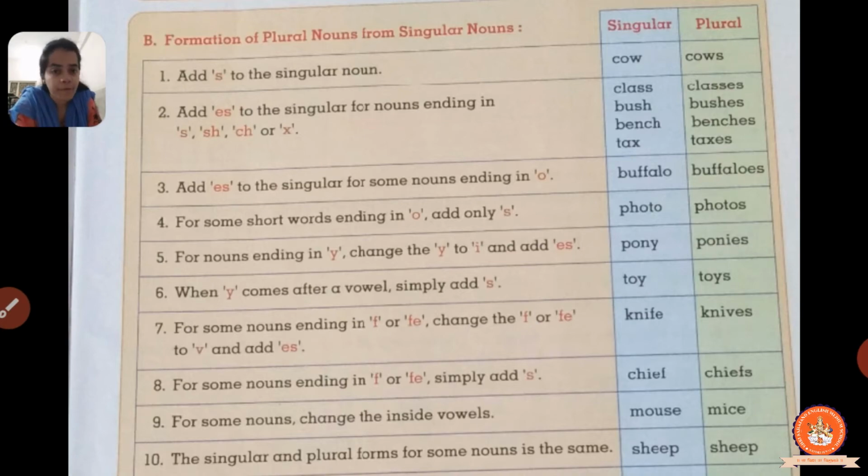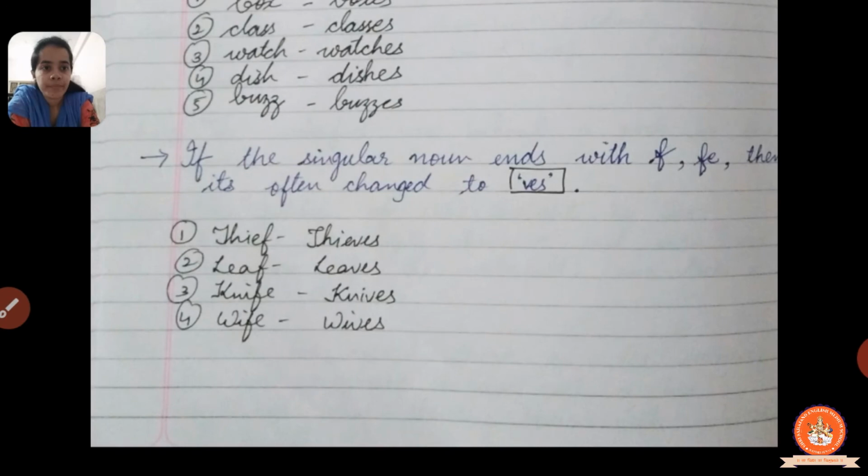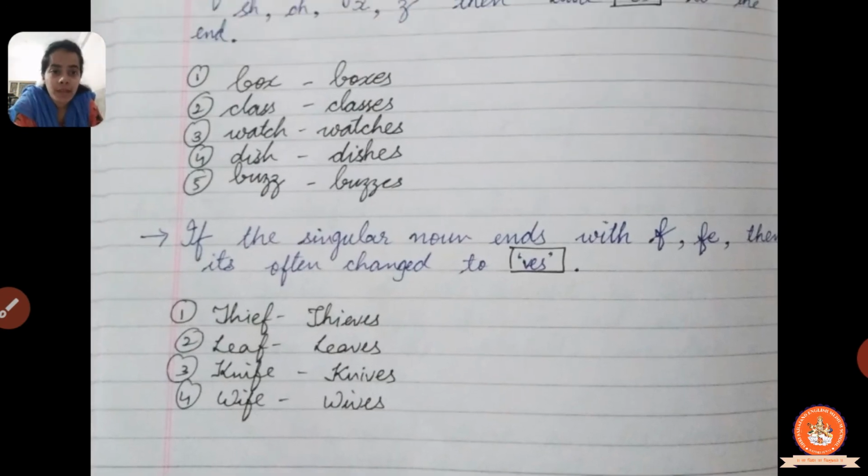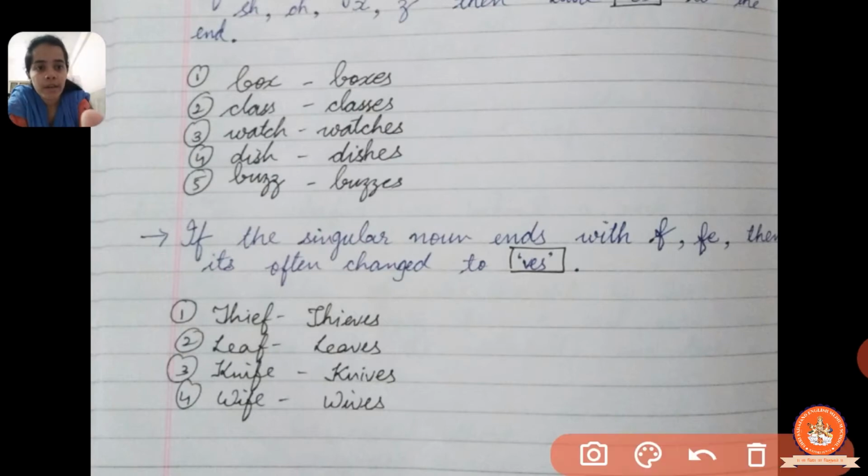We can say wife, wives. I'll show you a few more examples. Thief, thieves, leaf, leaves, knife, knives, wife, wives. That's right. So what they've done over here, they have just simply cut the f, added v over there, and after adding v, we have to simply add the es, which we apply in the nouns for converting into plural. So in this way you have to remember.